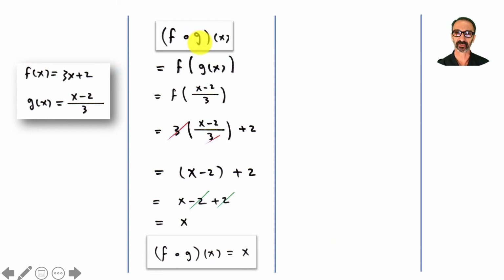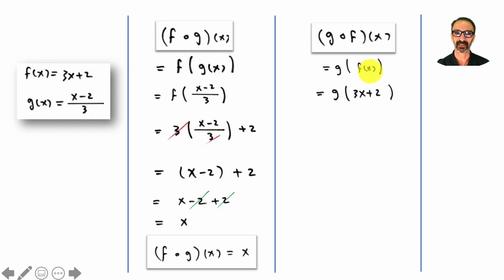Let's try the other way around. g after f, or g of f of x. First, we're going to apply f of x inside, and f of x is 3x plus 2. Now we're going to apply g. g says whatever I give you, deduct 2 from it and divide the whole thing by 3.